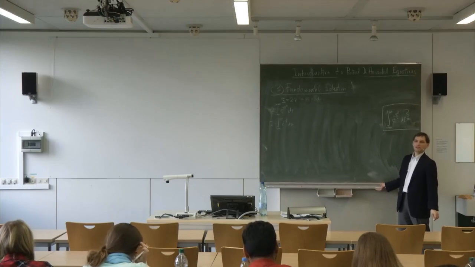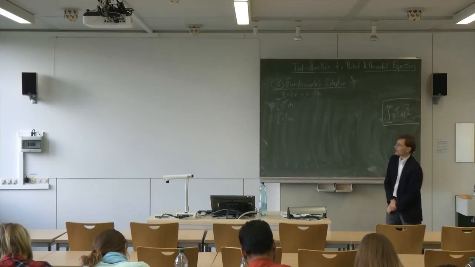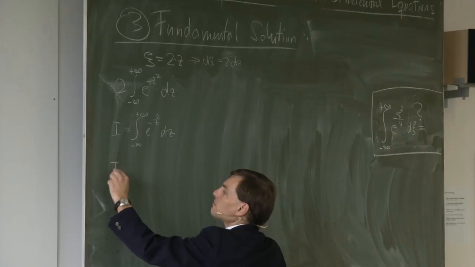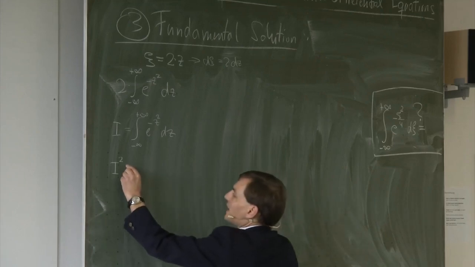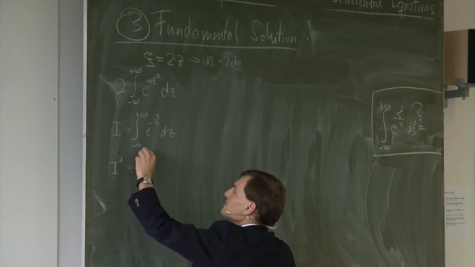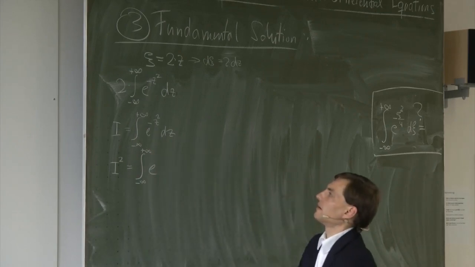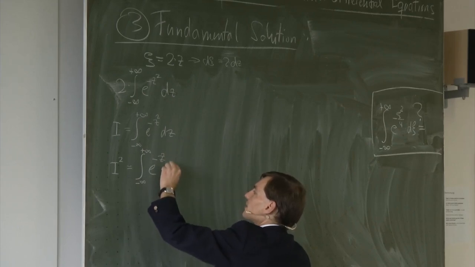How can we do this? Well, first we square this whole thing. We think about I squared. I squared is this integral from minus infinity to plus infinity, and well, I can write it for a second like this.